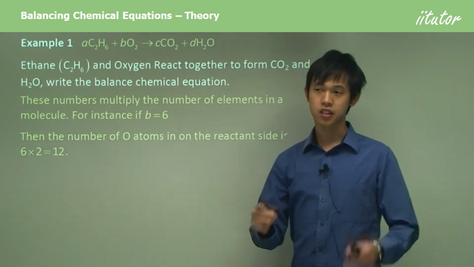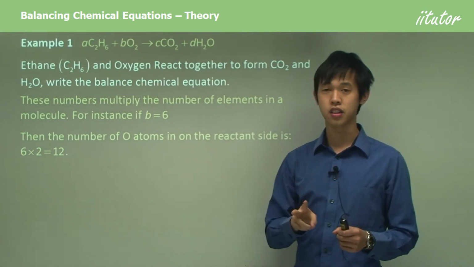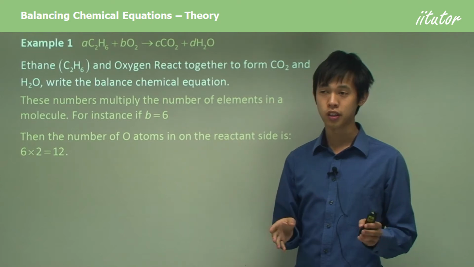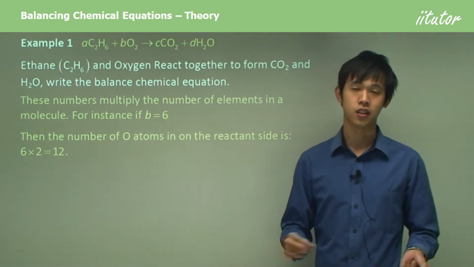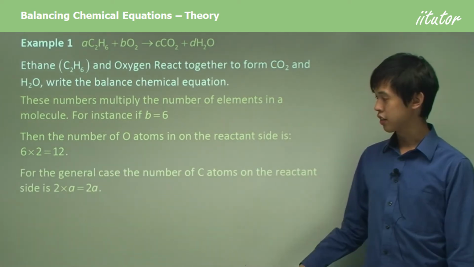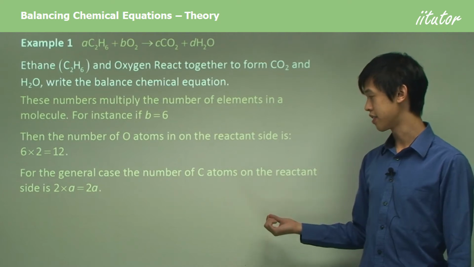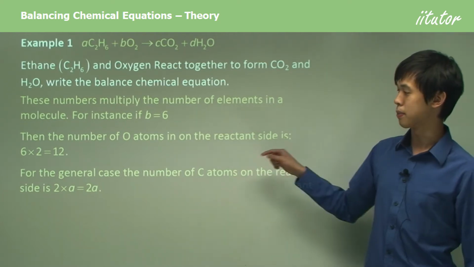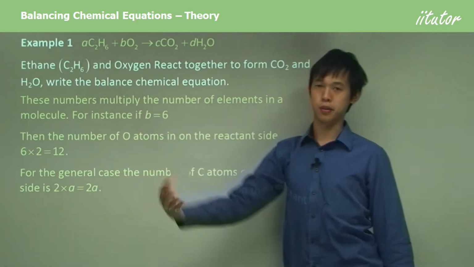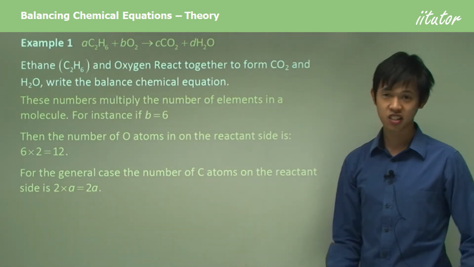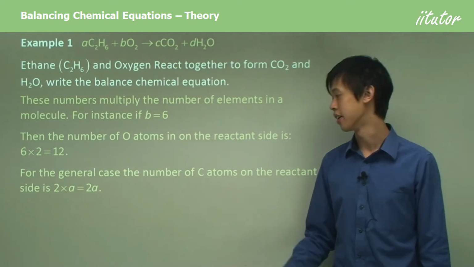If you've got 6 O2 molecules, and 2 oxygen atoms per O2 molecule, then you've got 6 times 2 oxygen atoms, which means you've got 12, okay? In the general case, the number of C atoms on the reactant side is 2 times A, which is the same as 2A. So this is just algebra, okay? Just very, very basic algebra. That's all we have to deal with here.